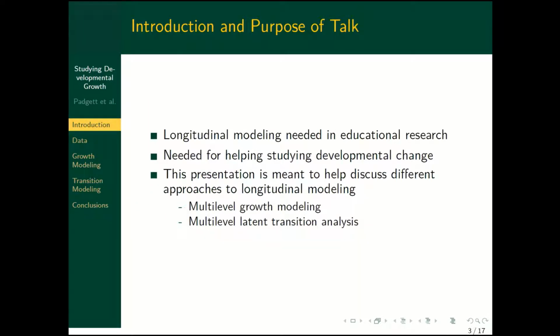Okay, so the purpose is we were discussing how longitudinal methods and modeling are very needed and very prevalent in educational research. And so the need for this is coming from how studying developmental change can occur. What developmental change can mean in educational research is highly varied.